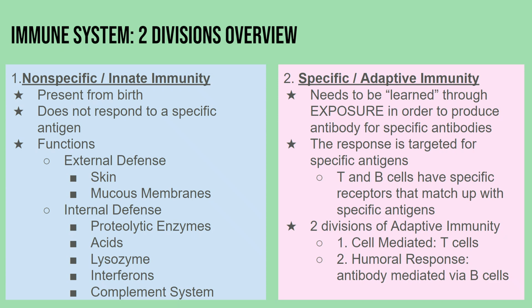Okay. These are your T and B cells, which have specific receptors that match up with specific antigens and can then attack the pathogen. There are two divisions: cell-mediated specific immunity involves T cells, and the humoral response involves B cells and antibodies.